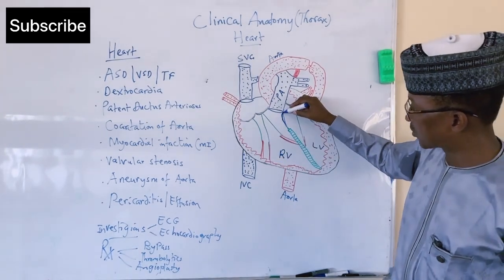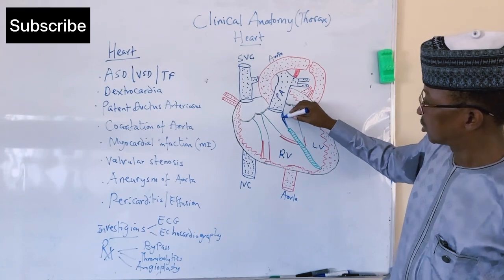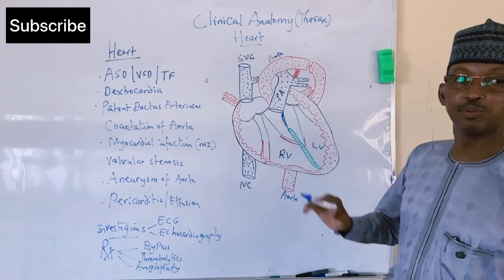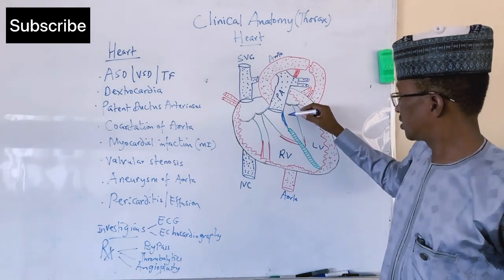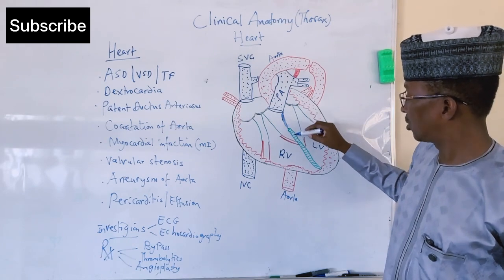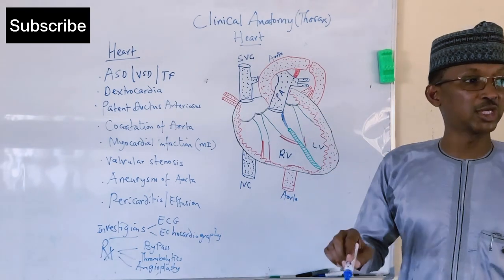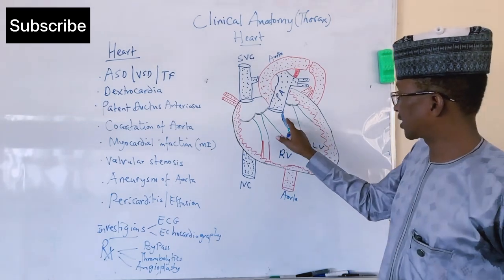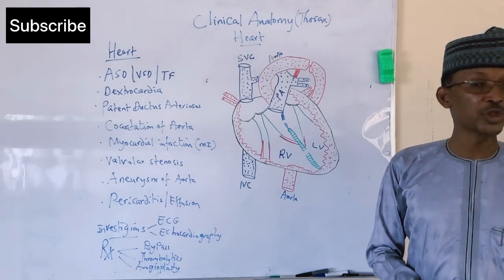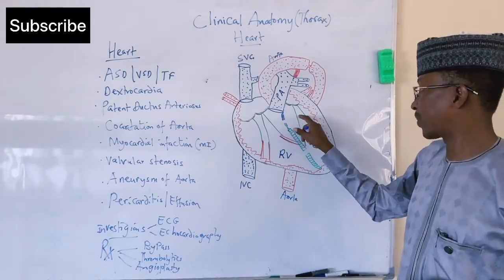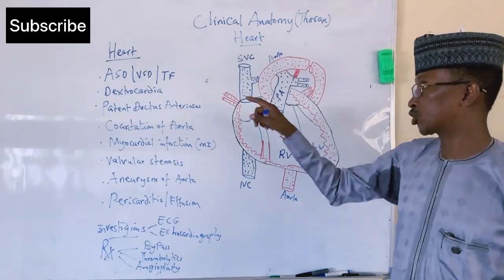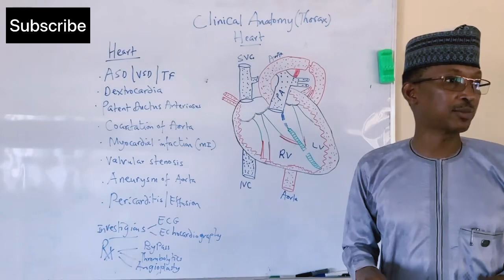So we have two types of septa developing to demarcate between the right ventricle and the left ventricle. At times this membranous septum tends to have a defect, or the muscular part may also tend to have a defect. So the defect can be either here or here on the muscular septum. Anywhere you have this gap or defect along either the membranous or the muscular septum, that is what we call ventricular septal defect.